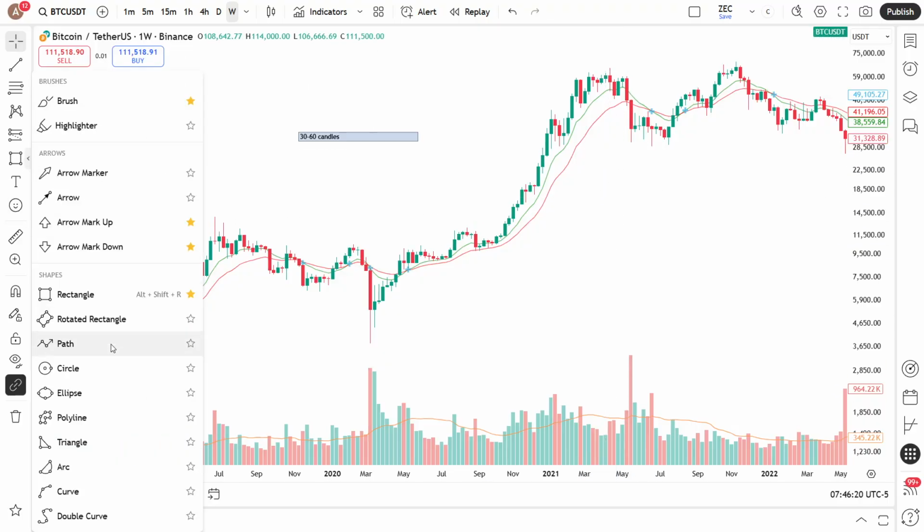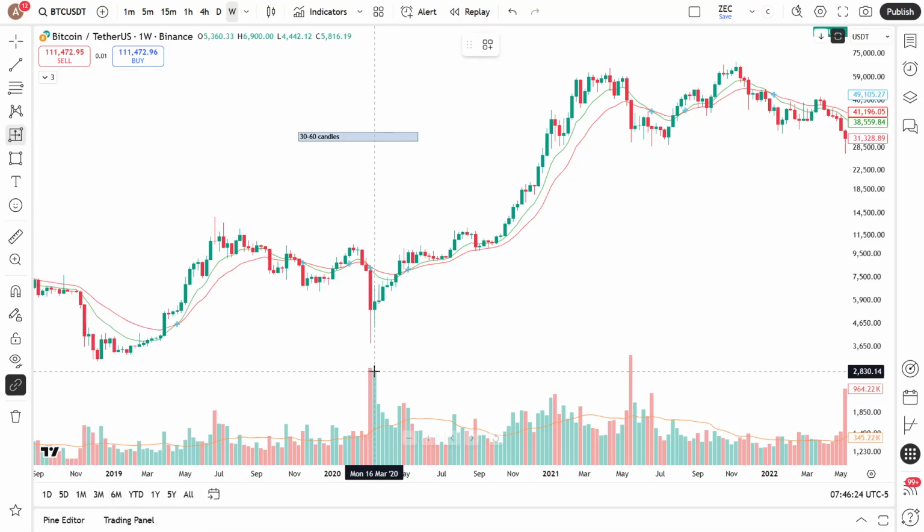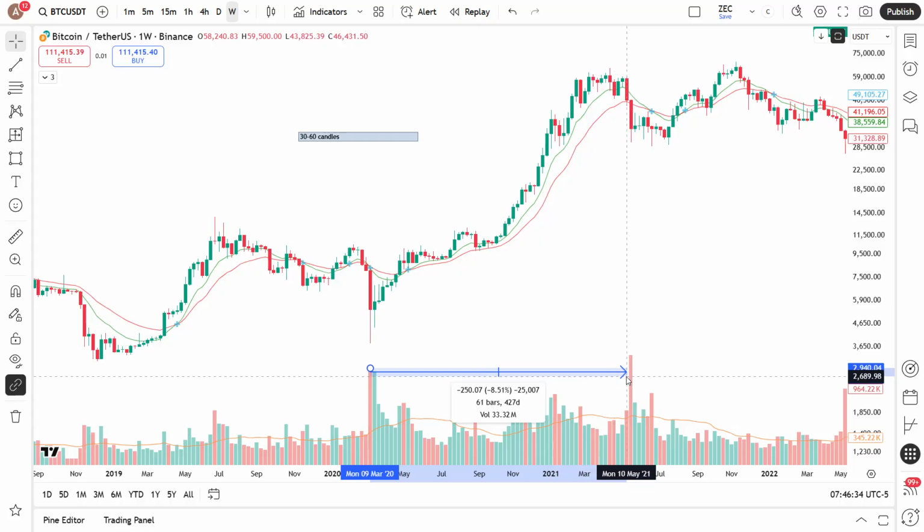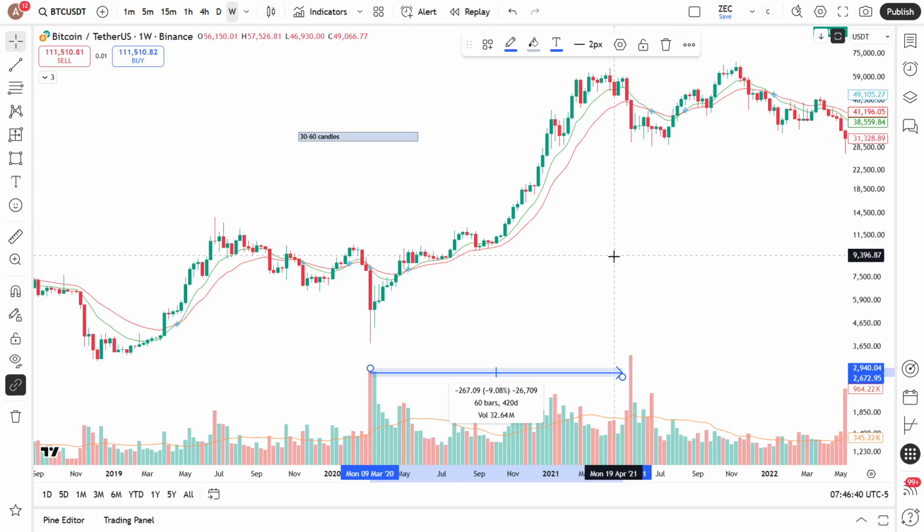So if we do something like this, from here till here, that's about 52 bars, so 52 candlesticks. That's about right. If we went literally over here before the breakdown really occurred, that's exactly 60.